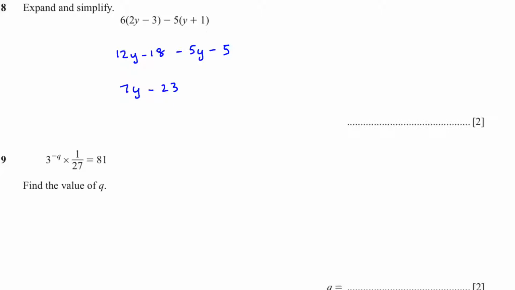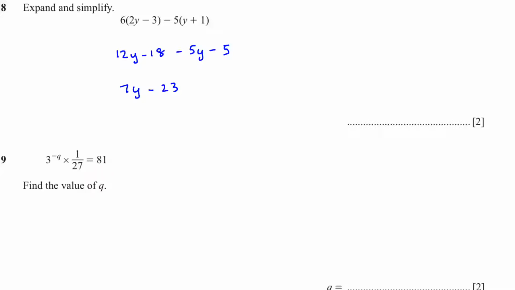The next question we have is the indices or exponent question. 3 to the power of negative q multiplied by 1 over 27 is equal to 81. Find the value of q. When you have questions like this, whatever base you have, here 3, or any other number, change everything to a power of that base.